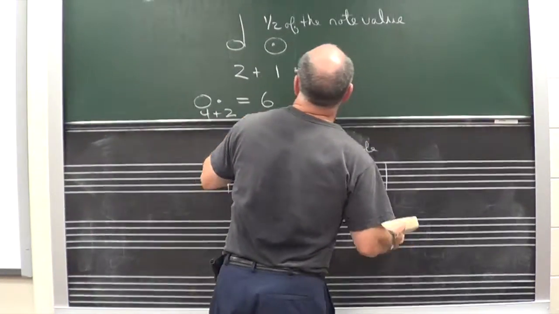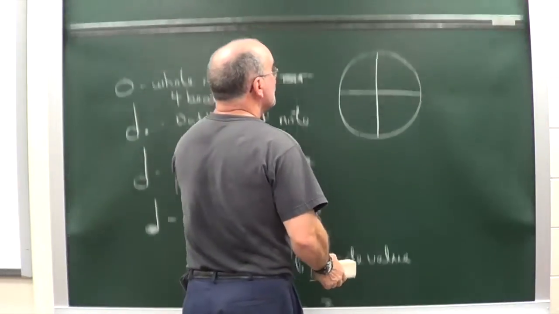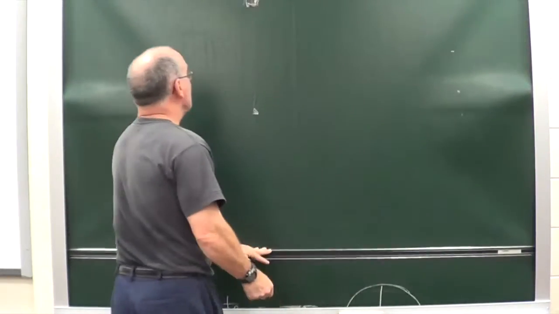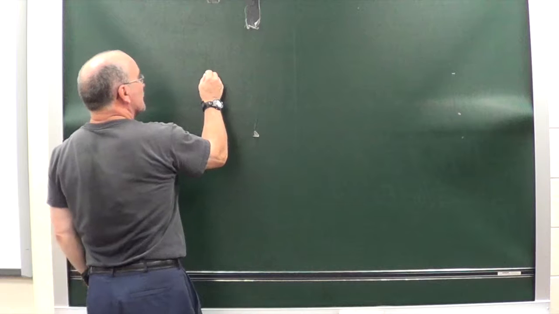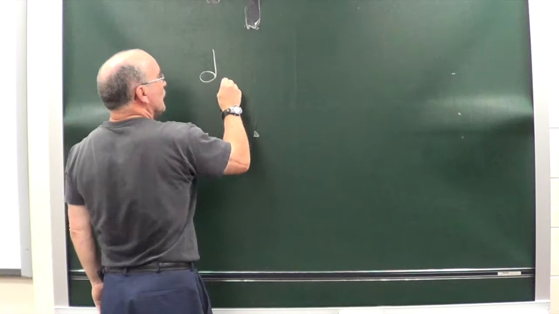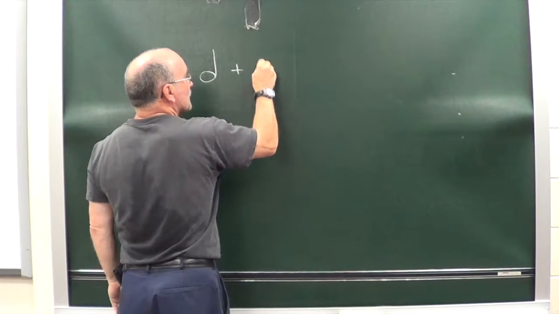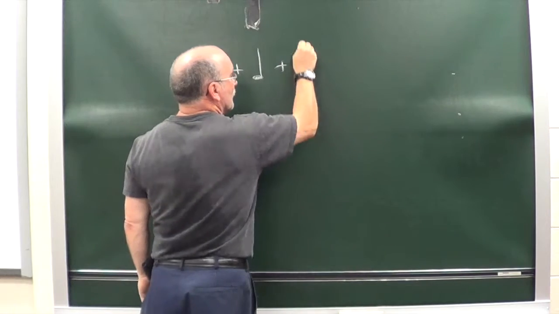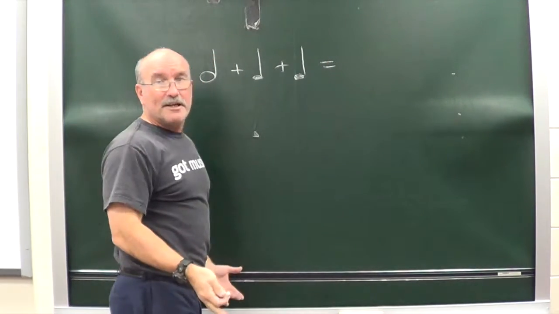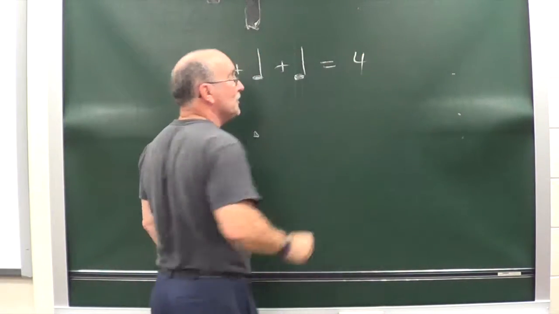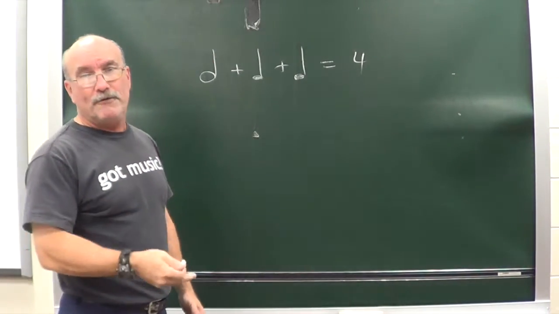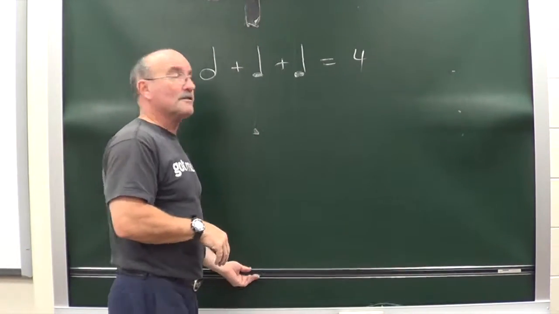Now in the questions which follow on the assignment, you're going to run into, first of all, equations. Such as if you have a half note plus a quarter note plus another quarter note, how many beats does that equal? Well, it equals 4 beats. And you put in a numerical value to answer those questions.